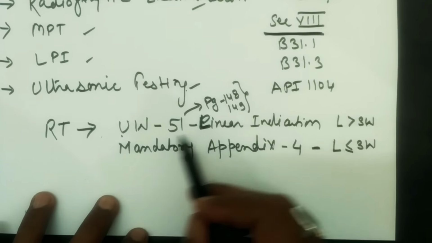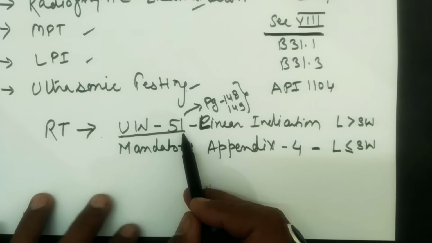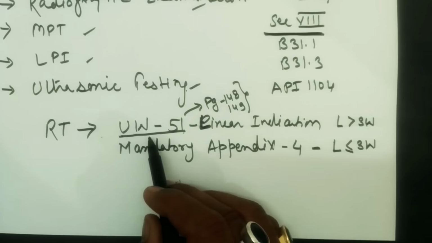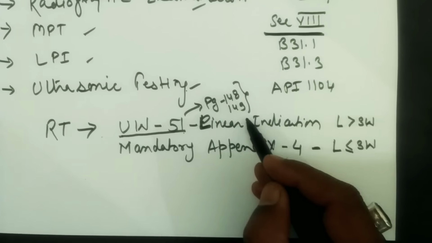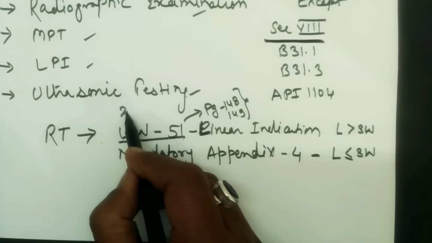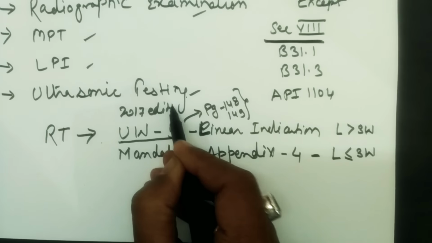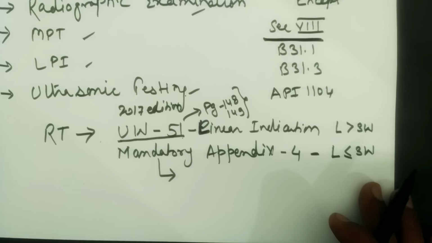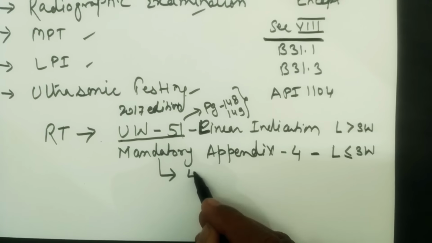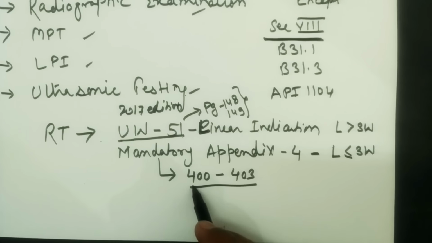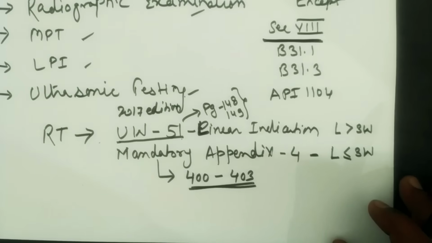So these are the two pages in which UW-51 is given, and you can easily find the acceptance criteria as per ASME section 8, UW-51. See, these page numbers I am talking about are as per the latest edition of ASME section 8, that is the 2017 edition. And mandatory appendix 4 can be found in page number 400, from page number 400 to 403. So this is about radiographic testing criteria.